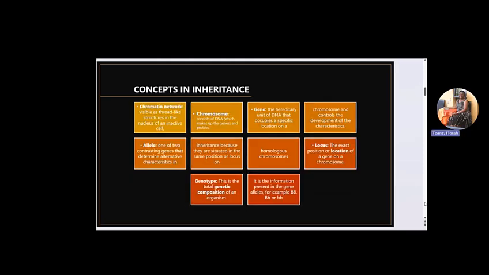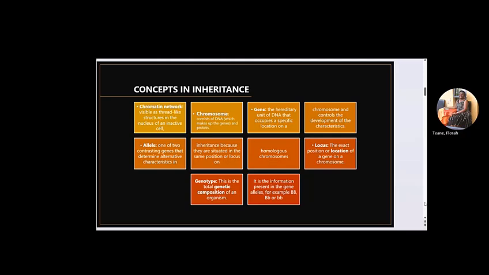Well, remember what I said in my introduction? I said this topic is linked to our previous topics. Here are concepts that we have learned previously. Remember, each and every subject has got its own language.